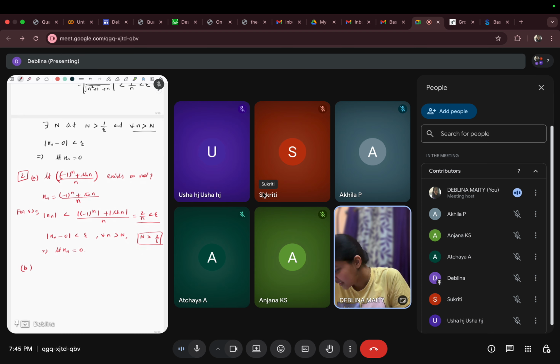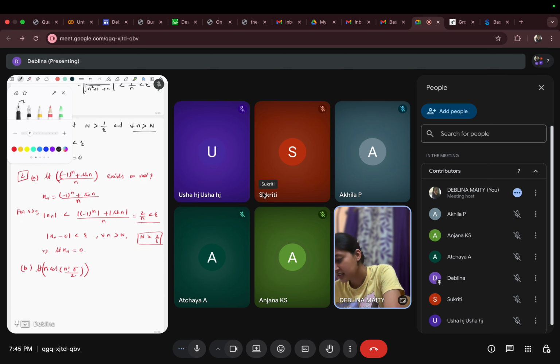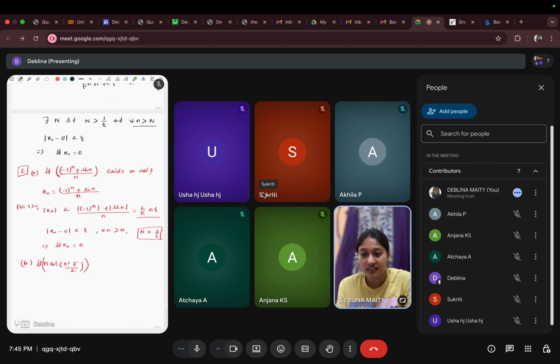Another example is, what about the limit of n cos n factorial pi by 2, right? What about this sequence? Can anyone guess?